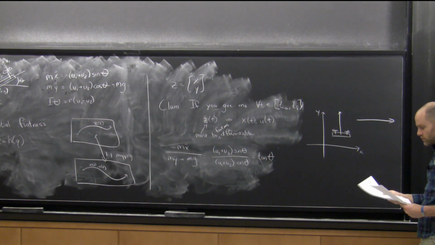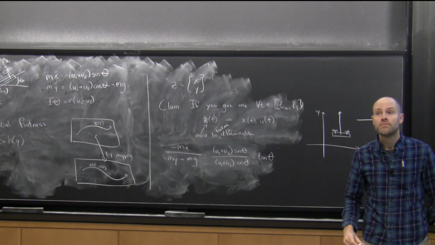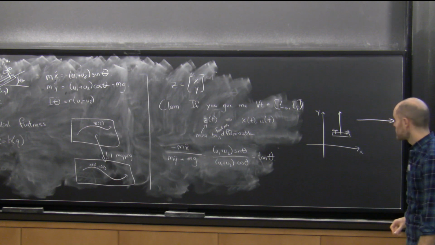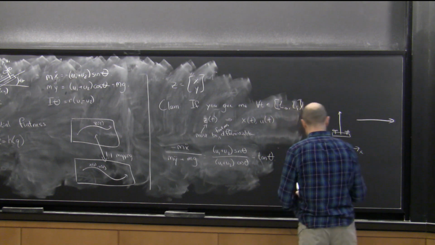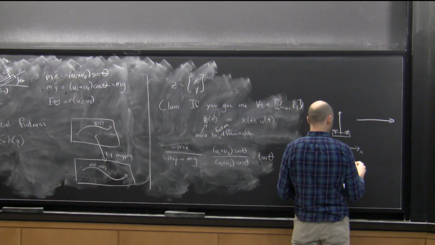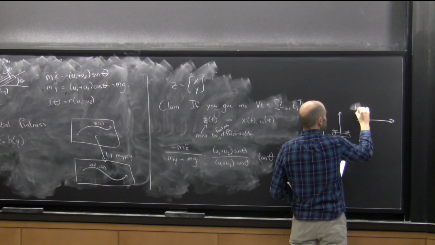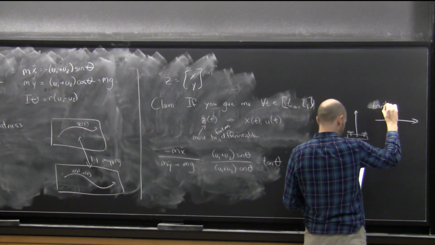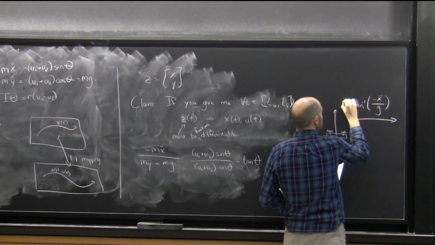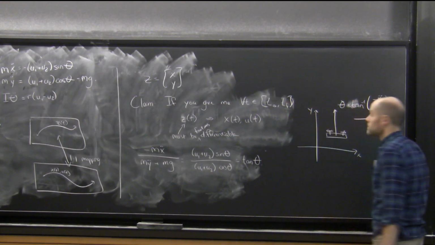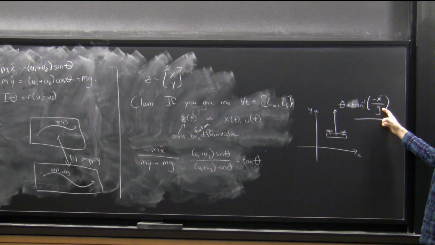It's the ratio of x double dot over g, so the acceleration this way over the acceleration of gravity. Exactly. So you get the arctan, the inverse of negative x double dot over g. It depends on the acceleration.